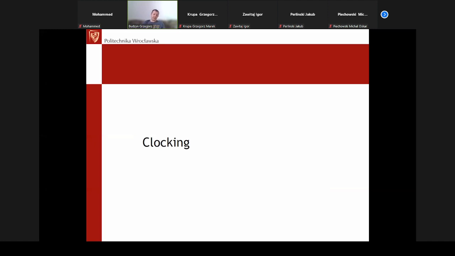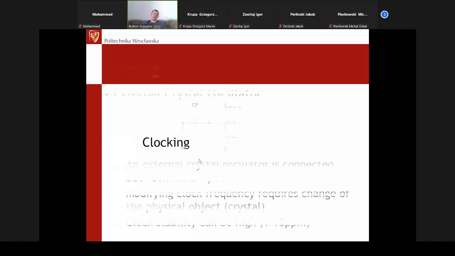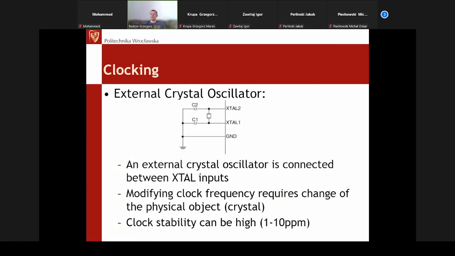Now, if we have the power supply, the next one is clocking. Clocking is surprisingly simpler. We talked about it, so today we've got basically just 3 options. We can use either an external crystal oscillator with decent stability, yet requiring 2 capacitors and a crystal.